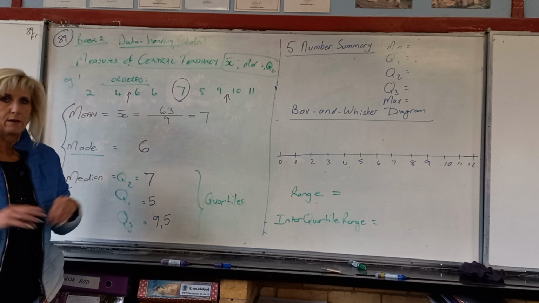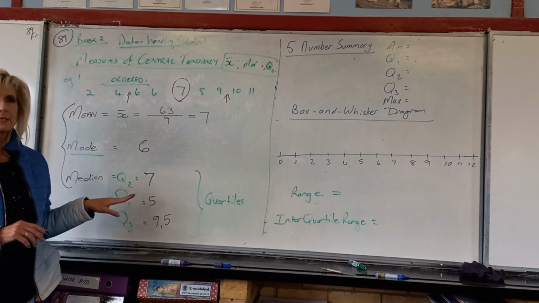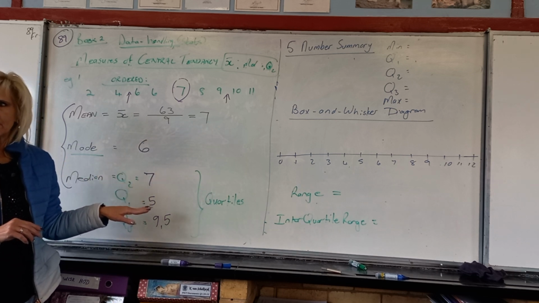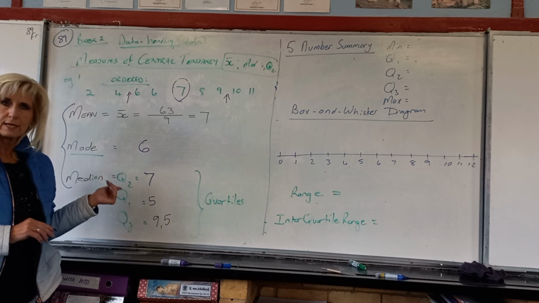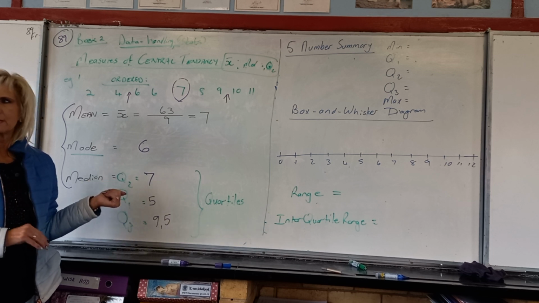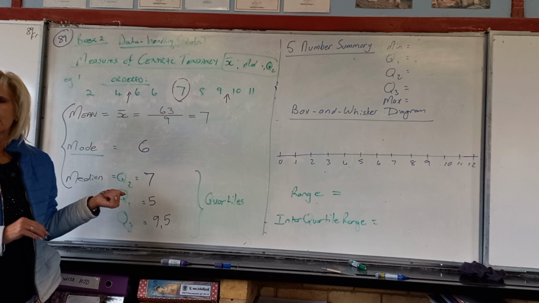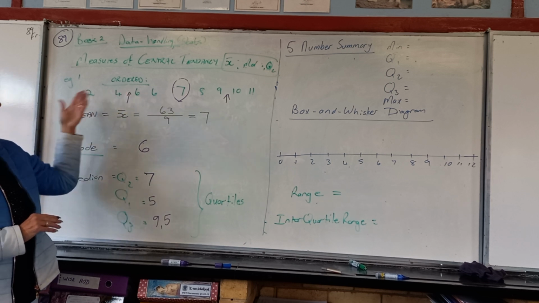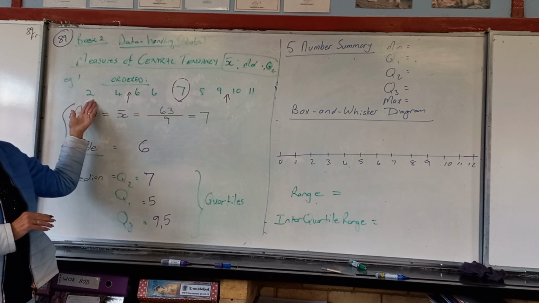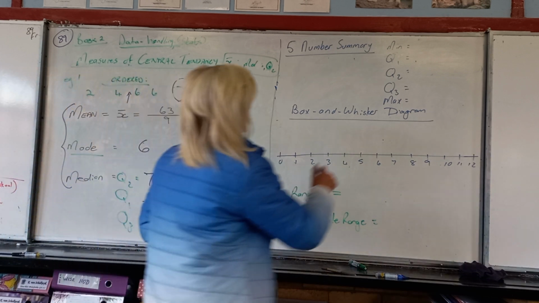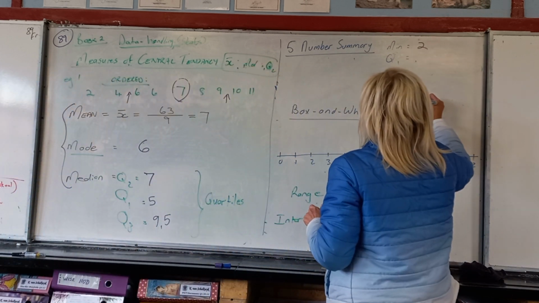Now the newer calculators also have something that says minimum and maximum. The older ones also have minimum and maximum, but that is exactly what it gives you, the min and the max. What is the minimum and the maximum of this data spread? 2 and 11. So the minimum is 2, the maximum is 11.